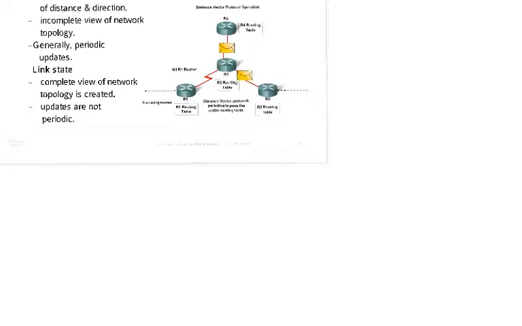So let's say, for example, router 1 has remote networks, network 1 and network 2. Router 3 has network 3 and network 4. And this one has network 5, network 6, and this one will have network 7.